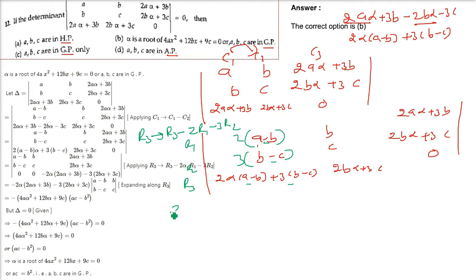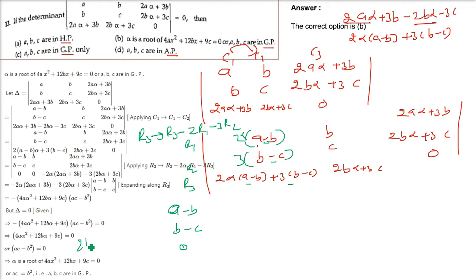Please remember it is not 2R1, it is 2 alpha R1. So A minus B, B minus C is already there. So 2 alpha, and 3 times B minus C, and that will be subtracted. So you get a 0 here.